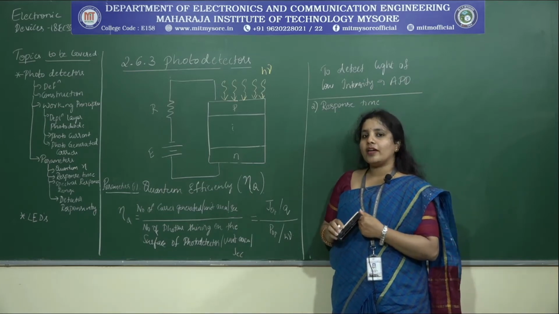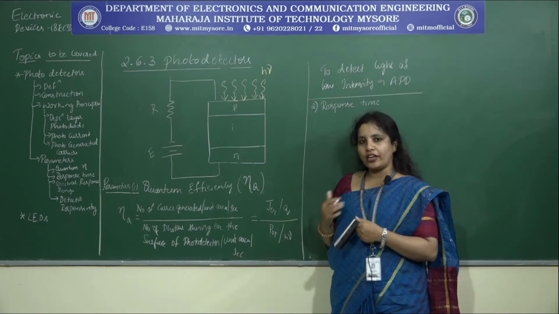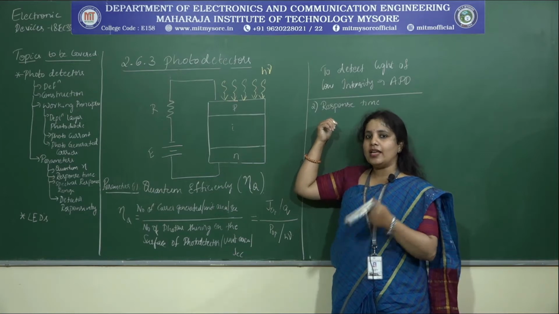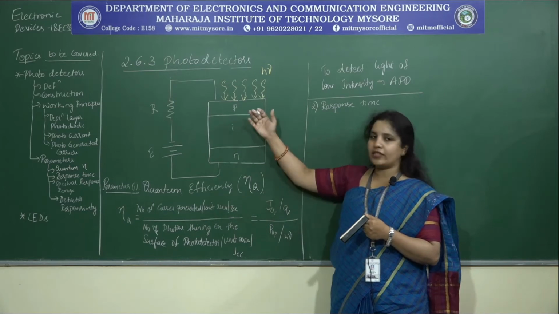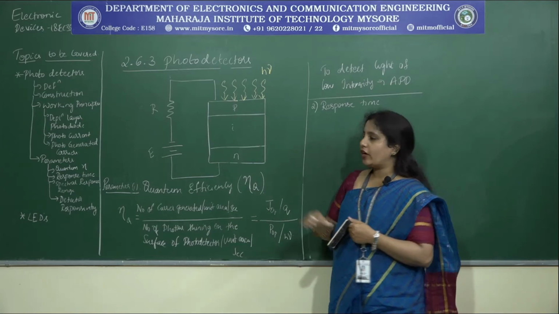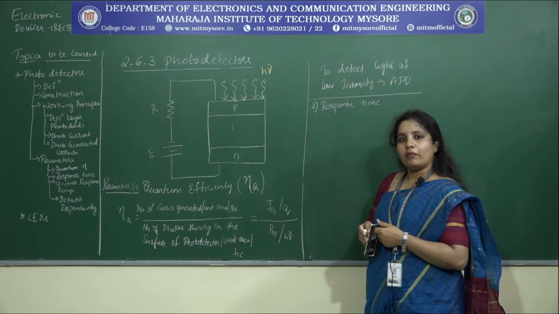Now, what are the factors that I have to look into in order to ensure that this response time is as less as possible? The lesser the response time, the more the device can detect different ranges of intensities of light, right? So I need to ensure that this response time is as less as possible. Now, how can I make that happen?